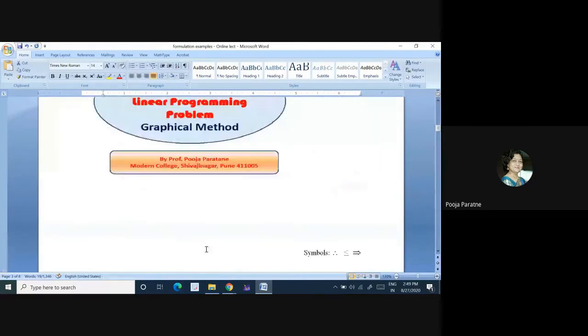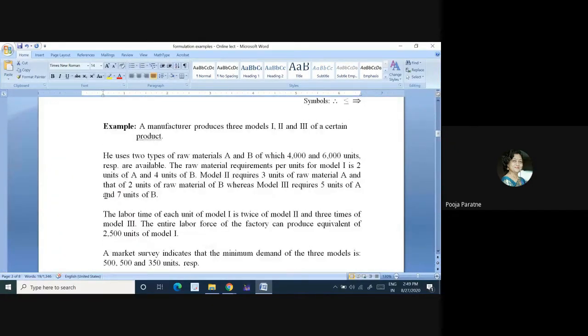Now let us go to this first paragraph. In this paragraph, some information about raw materials is given. So here we will try to put it in the form of a table.